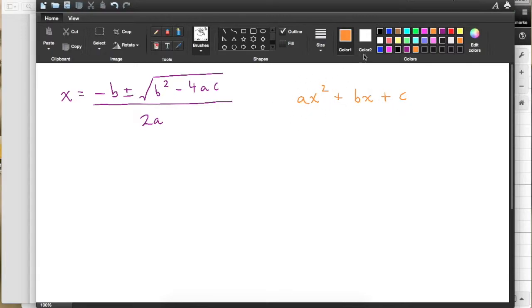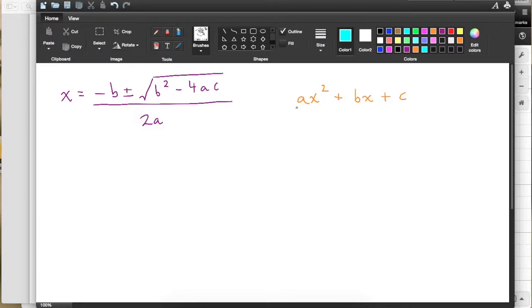Sometimes the terms could be in a different order, like the c could be first, or the ax squared could be last, but you always know that there's going to be an x squared, an x, and then a constant value as well. Or the constant value might be 0. So if, for example, it just said ax squared plus bx, the c is still there, it's just not written because it's 0.